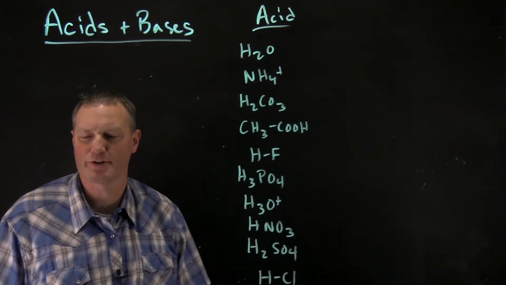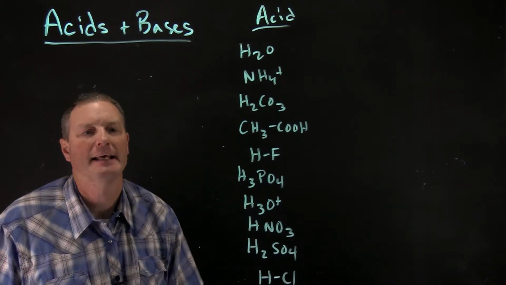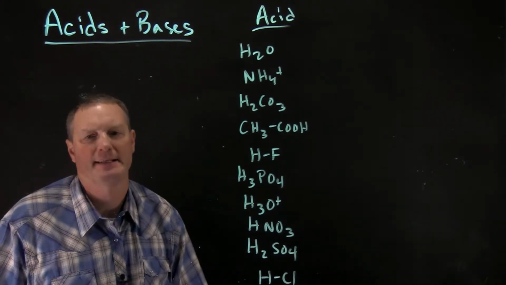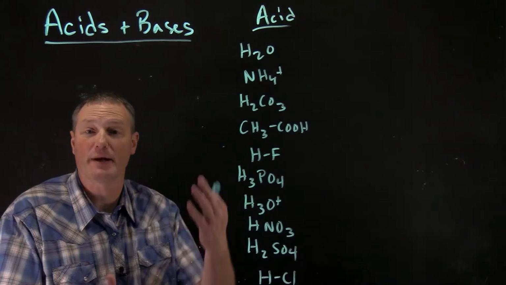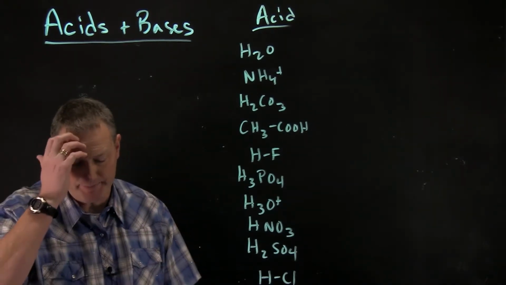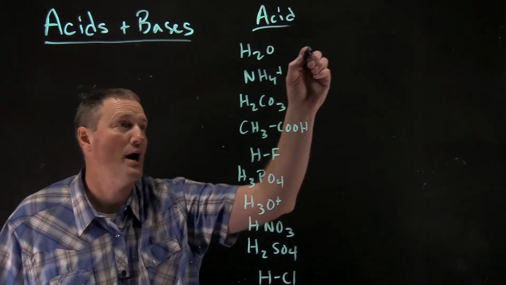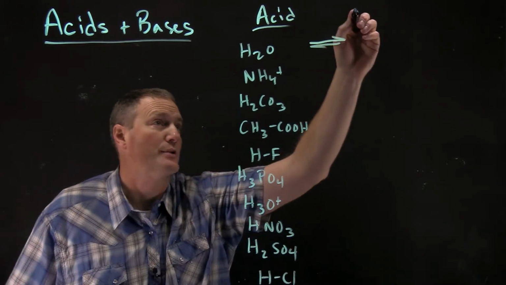In this last section, what I want to do is talk about a variety of different acids, draw out their conjugate bases, and relate the strength of acids to the various conjugate bases. To start out, I'm going to run through these acids and draw out what the conjugate base would look like.